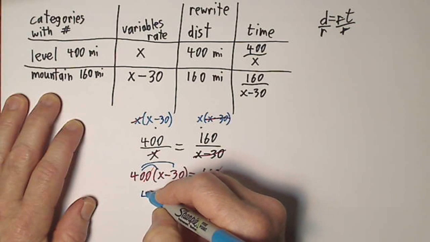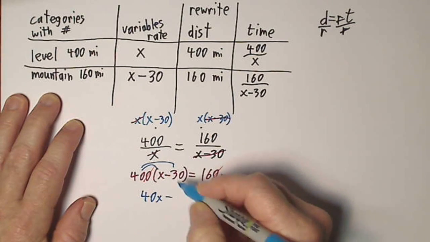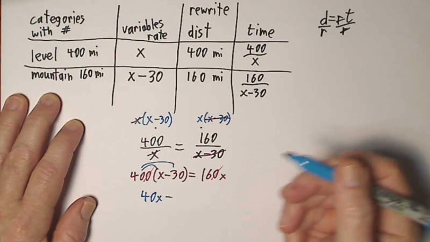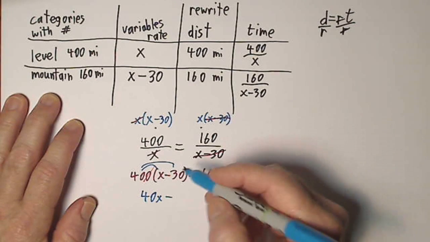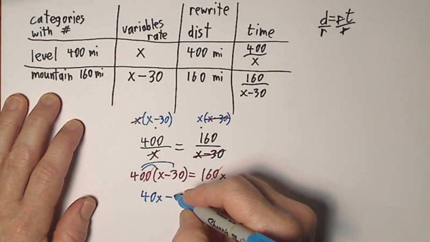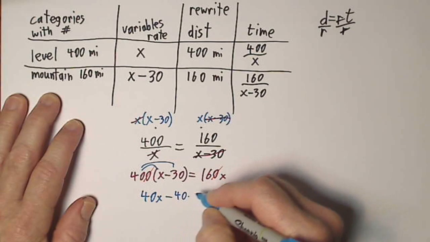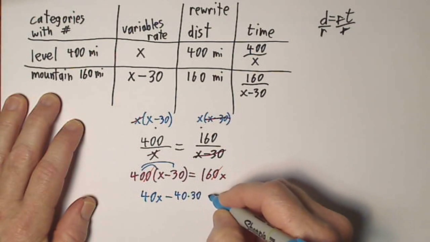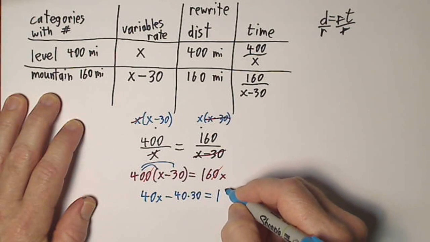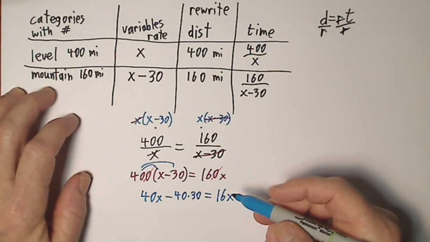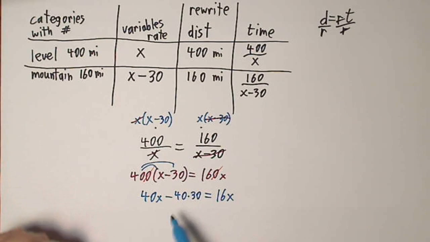That gives us 40x minus, I'll write 40 times 30 just to show that I can do it, equals 16x. I could multiply them together, but I'm just hoping stuff will cancel. And now we want to get rid of this 40x.